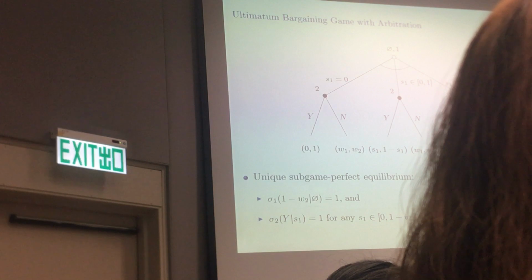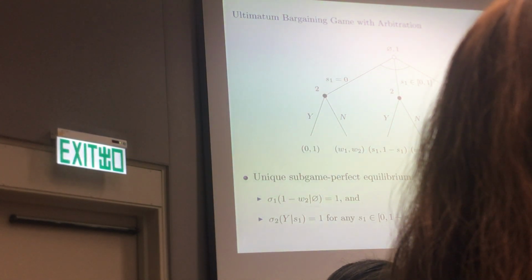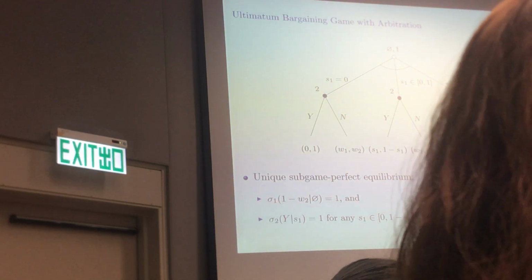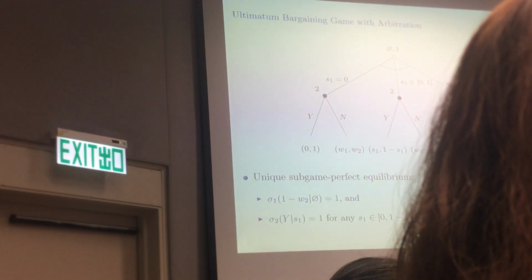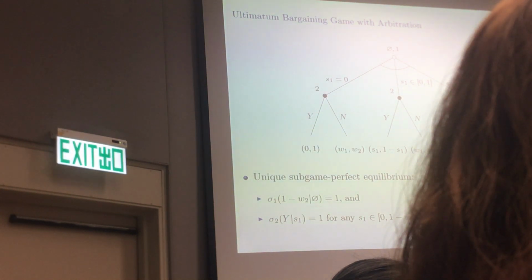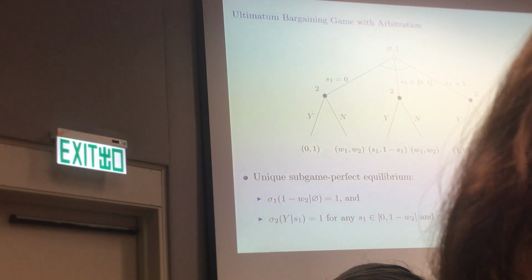Then what is the best strategy that the seller can use? Just offer exactly that outside option, right? So that is a really common strategy in the real world as well.